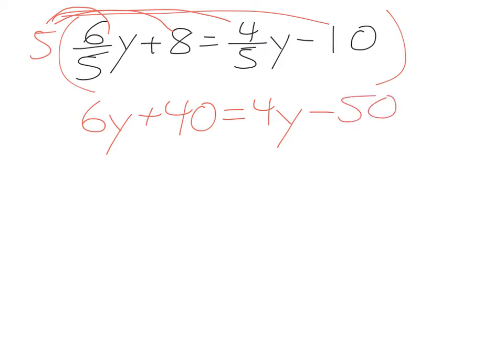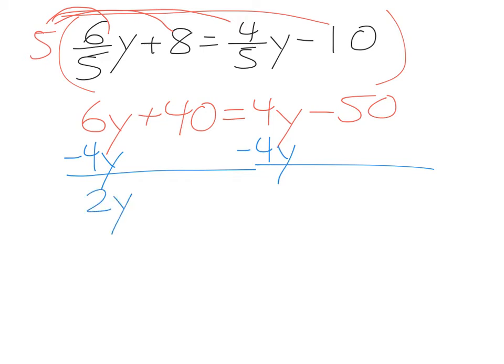Okay, now, what would you do to solve this? Subtract 4y from both sides, because that is the smaller one. 6y minus 4y is 2y. Plus 40 equals negative 50. Now what?